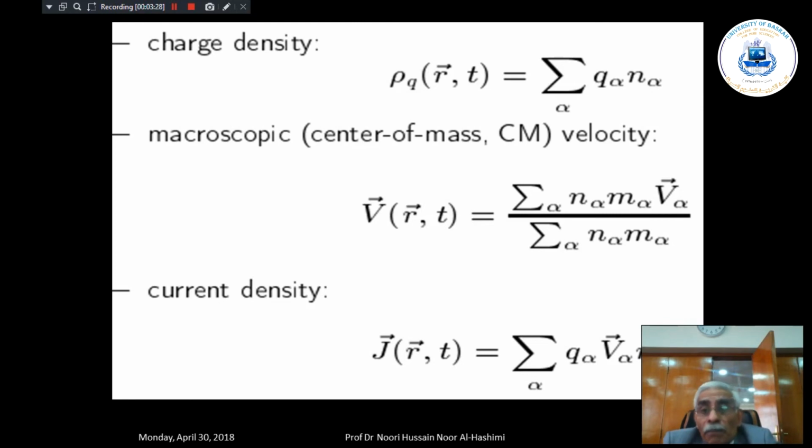Macroscopic center of mass velocity: V of r,t equals the summation of n_alpha m_alpha V_alpha over the summation of n_alpha m_alpha. Current density: J equals the summation of q_alpha V_alpha n_alpha.